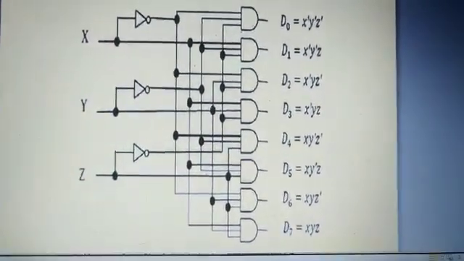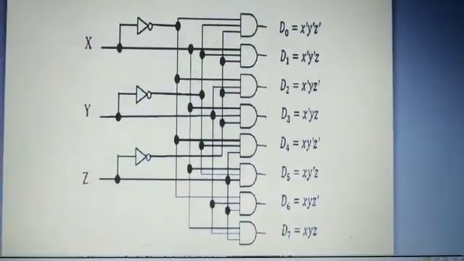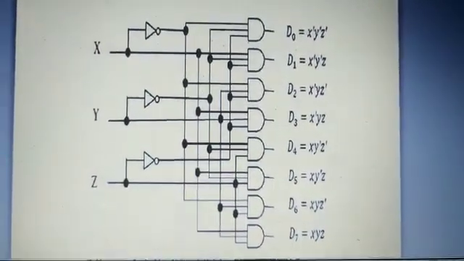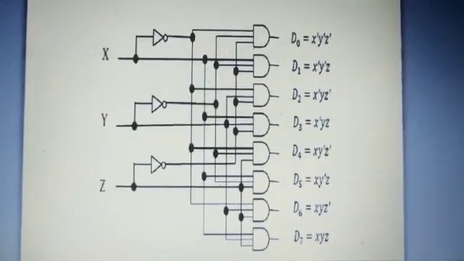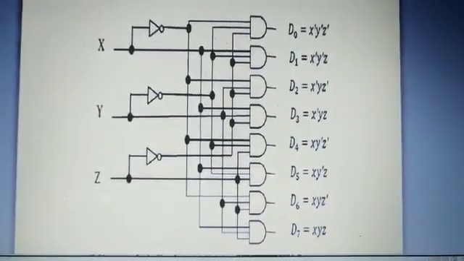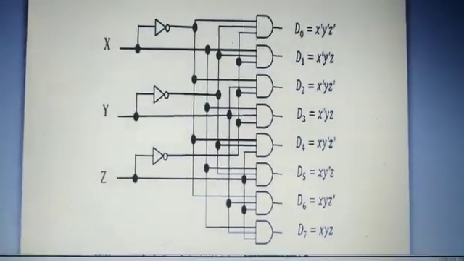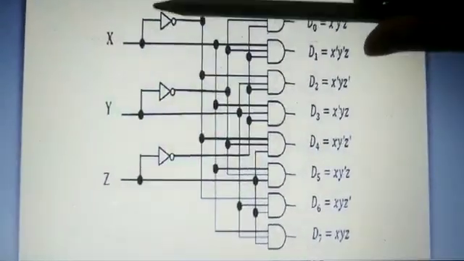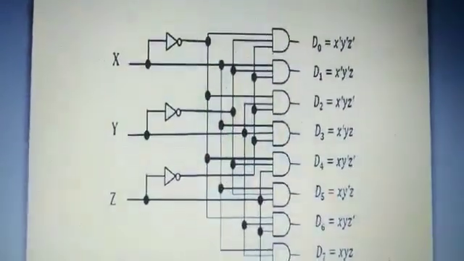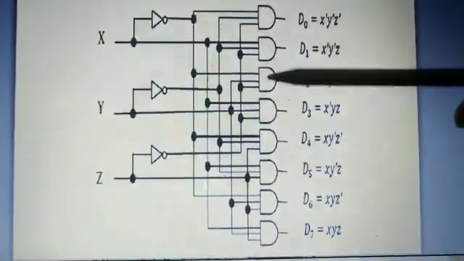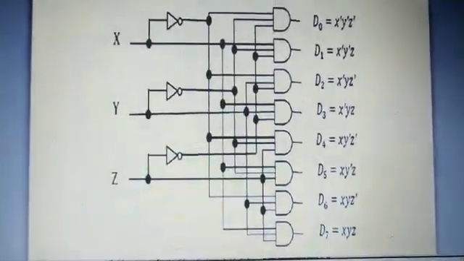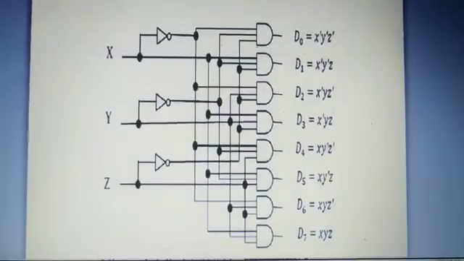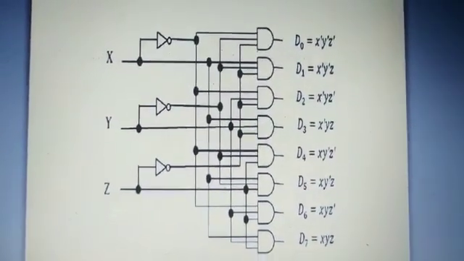Why is the NOT gate required? Because some of the time we require the x bar value, y bar value and z bar value. To represent x bar, y bar or z bar, the complements, we require the NOT gate to get the converted value. And the AND gate is required to give the product of all three inputs.